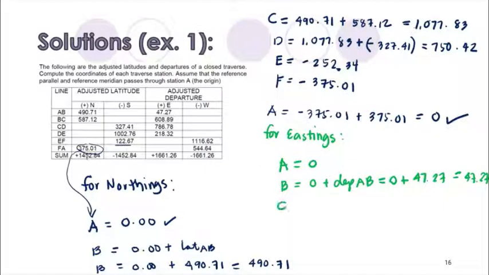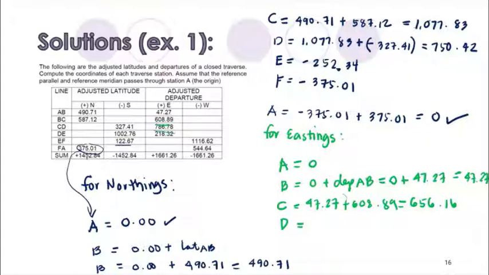Okay, for C you have 47.27, then BC, what is BC? It's positive 608.89. Okay, and then you have equal to 656.16. Okay, so D is CD.